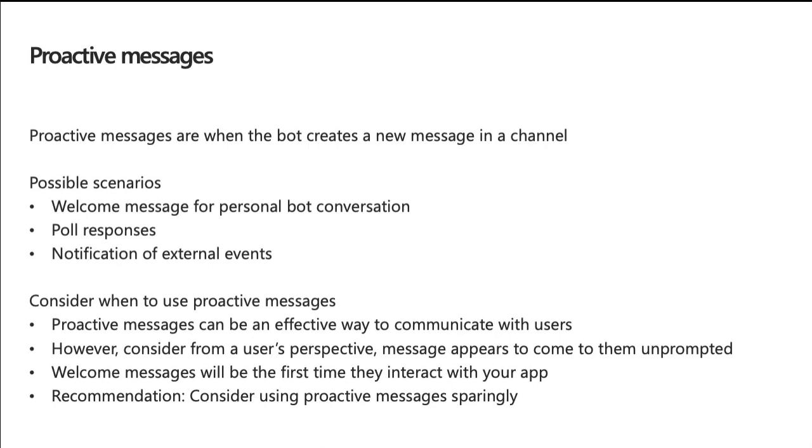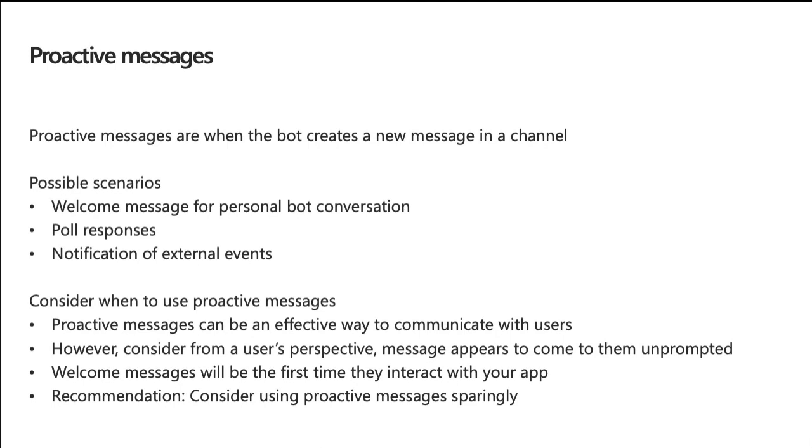Now, a bot that sends a message to start a new conversation thread is different than sending a message in response to an existing conversation. When your bot starts a new conversation, there's really no pre-existing conversation to post the message to. So sending a proactive message to users can be an effective way to communicate with your users. However, consider that from their perspective, this message can appear to come to them completely unprompted.